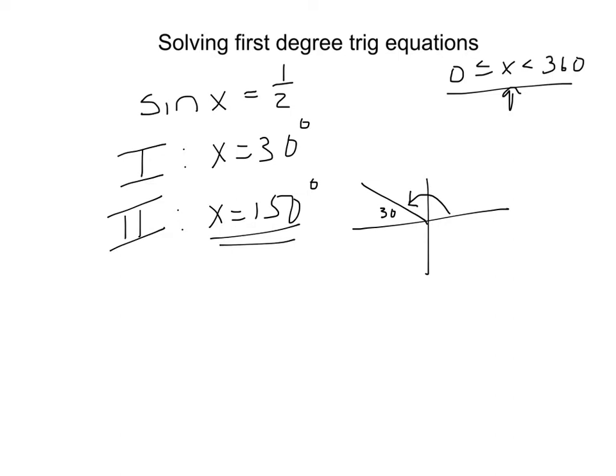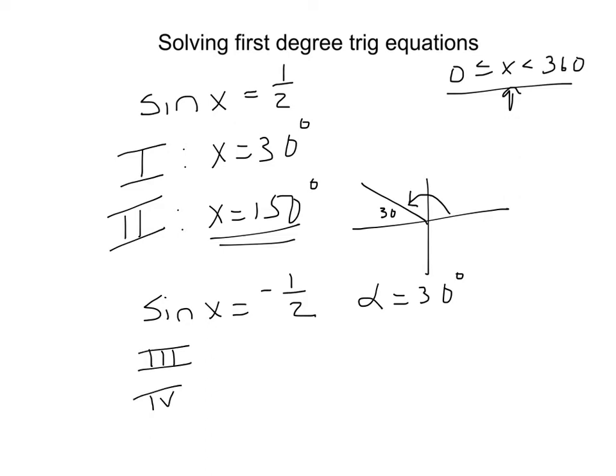Okay, now, if I gave you a sine ratio of -1/2, I still have the same reference angle of 30. Alpha is still 30 because 1/2 is the ratio that goes with 30. But because it's negative, now I'm talking about quadrants 3 and 4. And so you need to keep in mind that it takes a little thinking. If I take 30 degrees into quadrant 3, my angle of rotation will be 210.